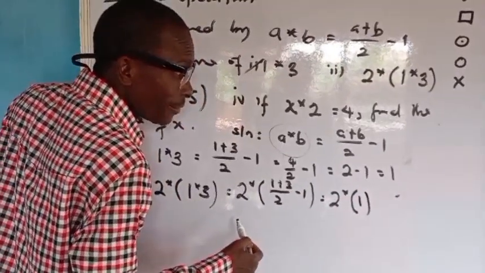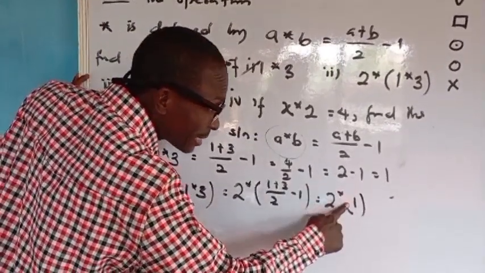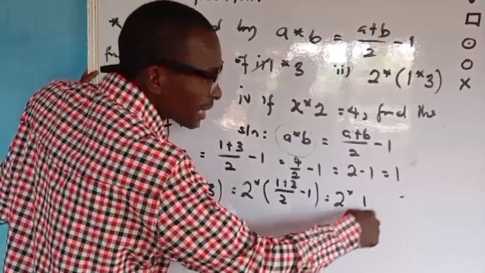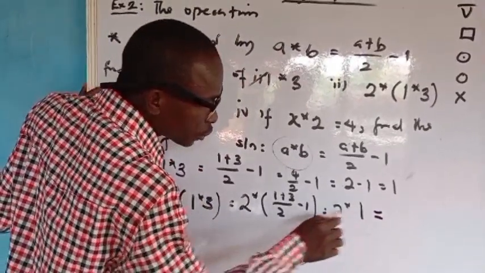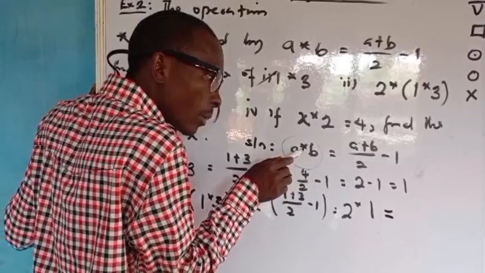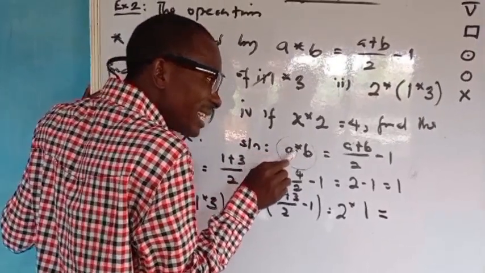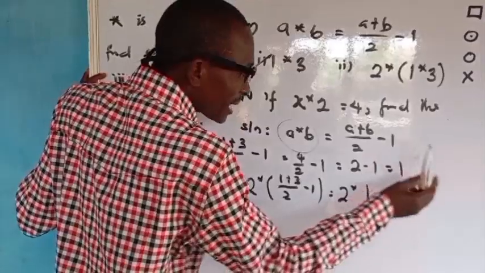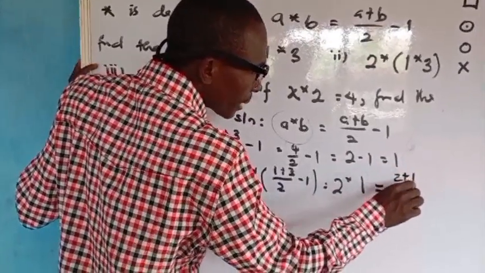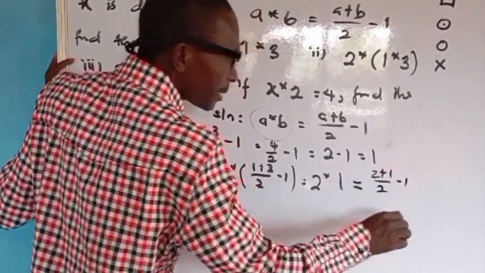You see now? So from here, I can easily clean this off and start afresh to use this 2 asterisk 1 to obey this law. Obey this law meaning A becomes 2, our B becomes 1. We can say 2 plus 1 over 2 minus 1.